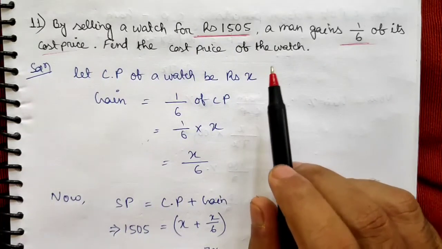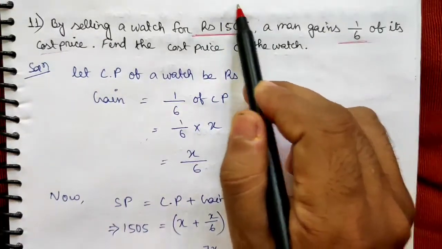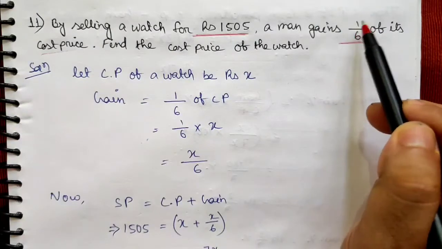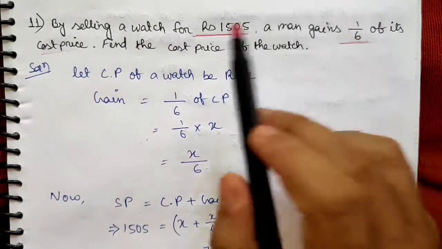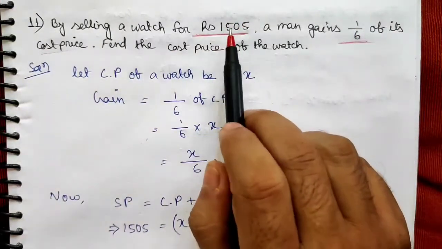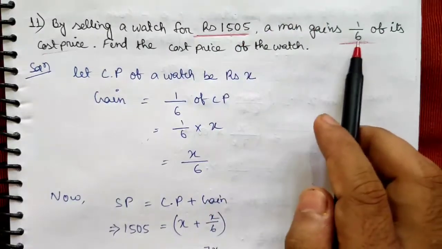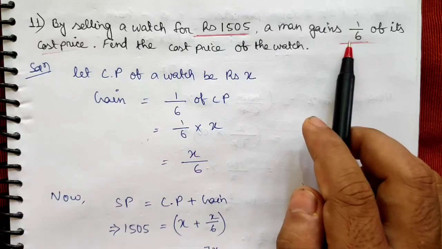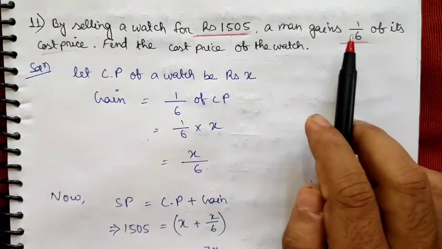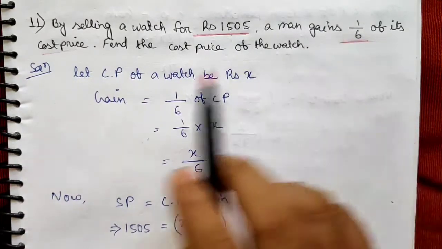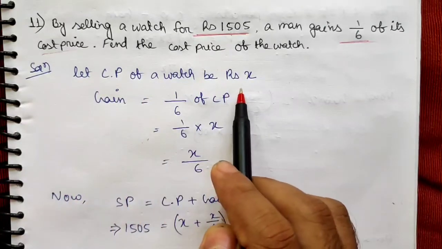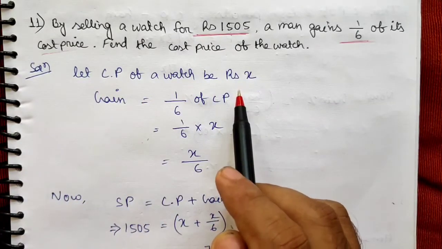So here what is the relation? If SP is 1505, the gain is 1/6 of cost price. Now do we know what the CP, that is cost price, is? No. So we'll consider the CP of the watch to be X. So in the solution we write: let CP of the watch be rupees X, isn't it?